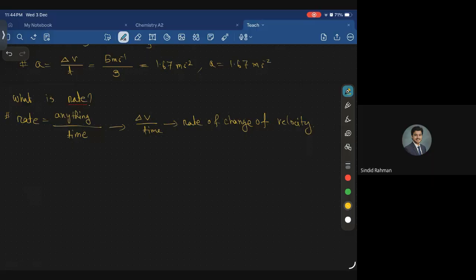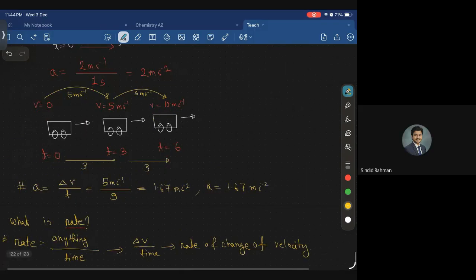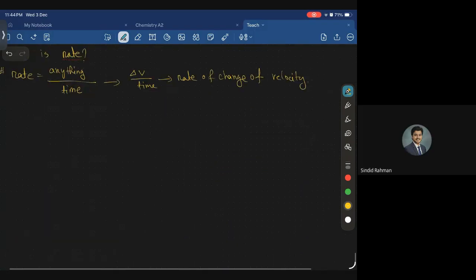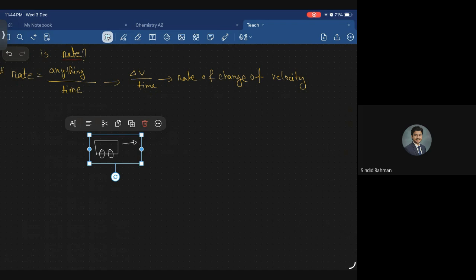Then let's say, what is speed? Can you tell me? Speed is how fast or how slow we move from one position to another.